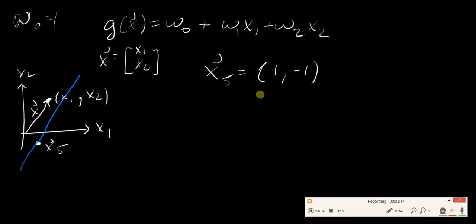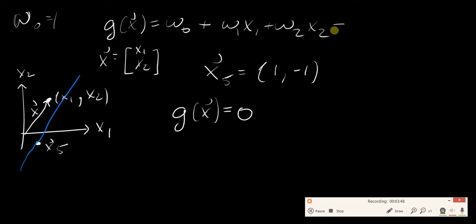Knowing that it passes through that point is nice, but how can we get anything useful from that? Maybe an equation. Ultimately, since we want to find these coefficients, we want to solve this linear system of equations. That's what the problem boils down to. So the hyperplane is described as g of x equals 0. When this equation equals 0, that is the equation of the hyperplane.